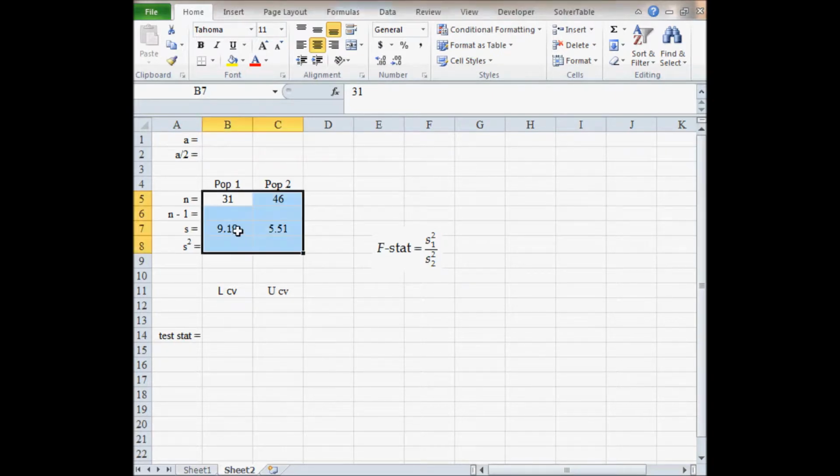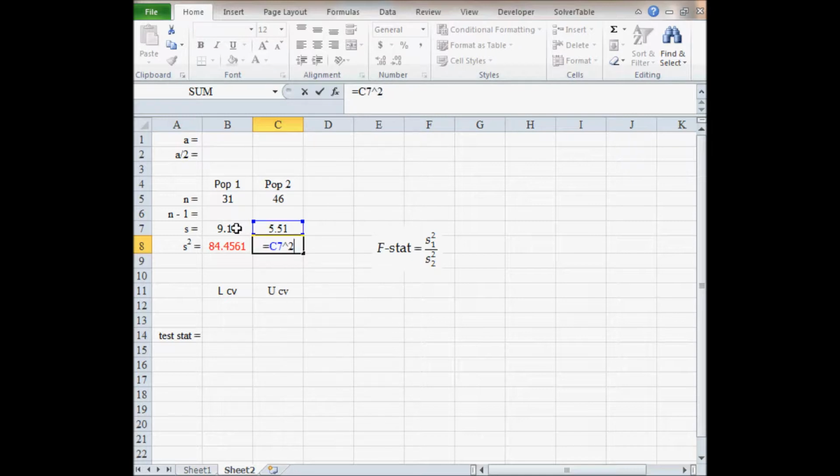The larger sample standard deviation is 9.19. The larger sample variance is 84.4561. I found that by squaring the sample standard deviation. The smaller sample variance is found by squaring the smaller sample standard deviation. The F statistic, remember, is the ratio of the bigger sample variance divided by the smaller sample variance.